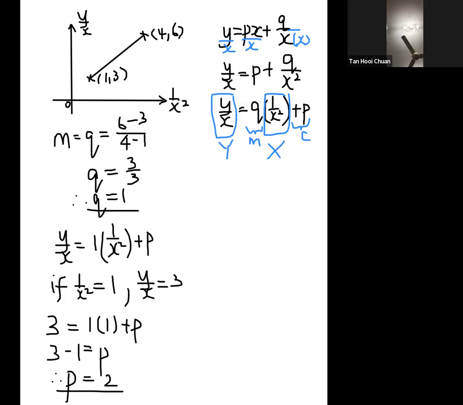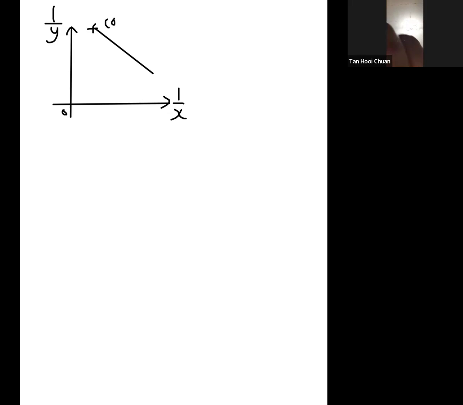Okay, second one now. Erase. And next one. This one is 1 over y. This one is 1 over x. It's 1.5. Here, 0.5.